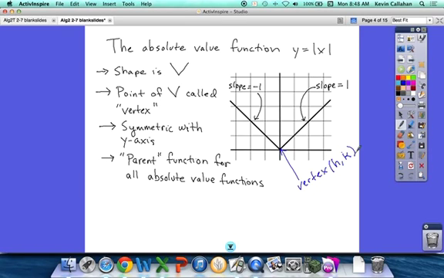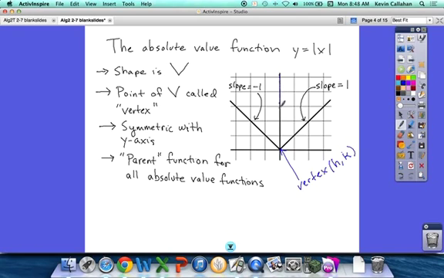You can see the slope of it, since it's got two sides to the V, right? To the right of 0, the slope of that line is +1. It's going up from left to right. To the left of 0, the slope of the graph is -1. It's symmetric with respect to the y-axis.